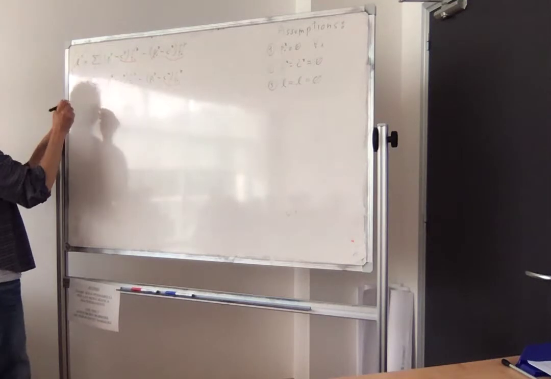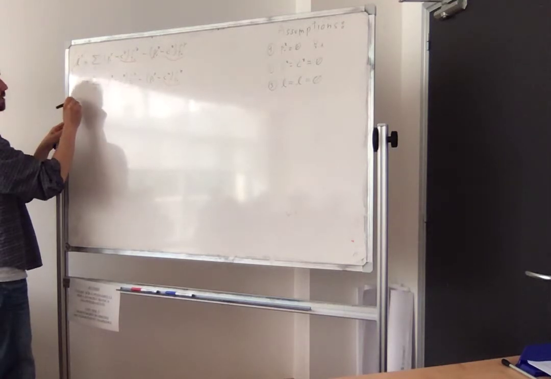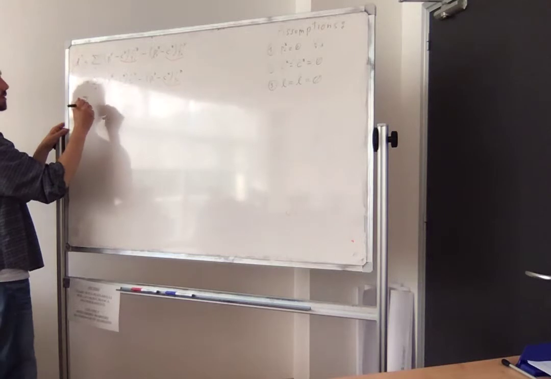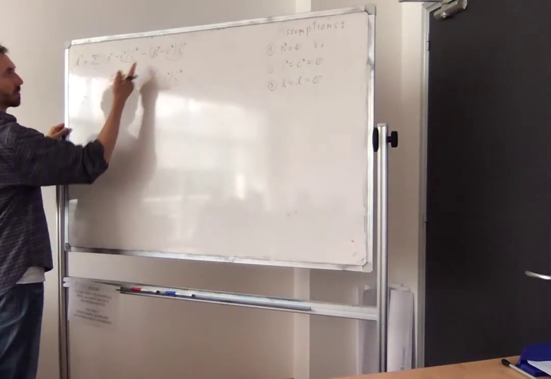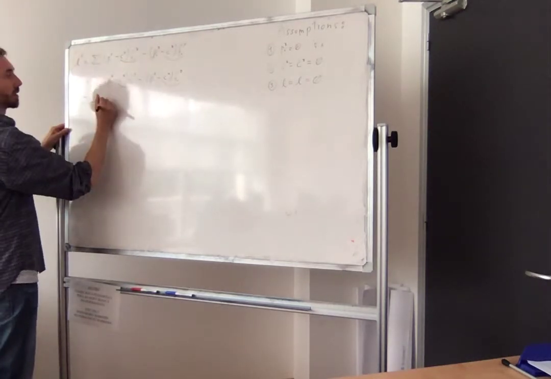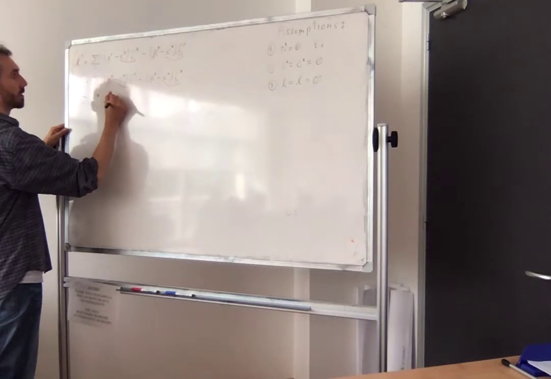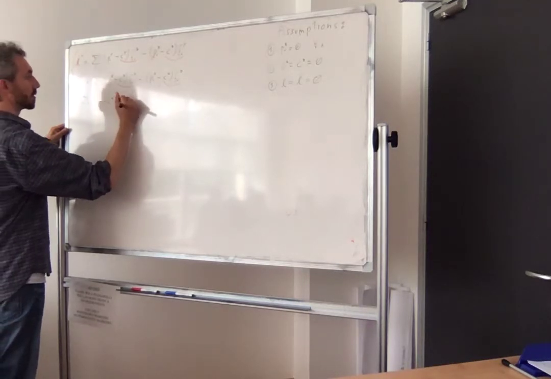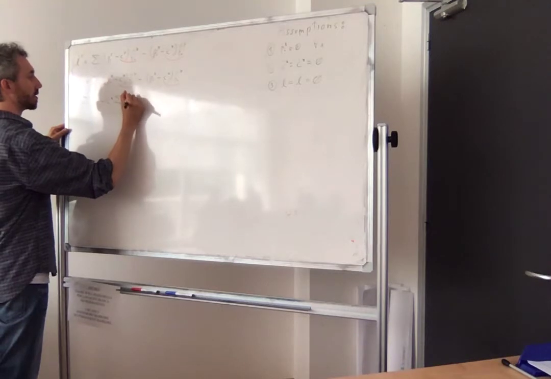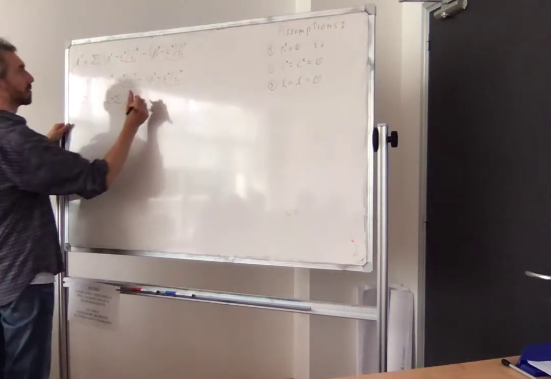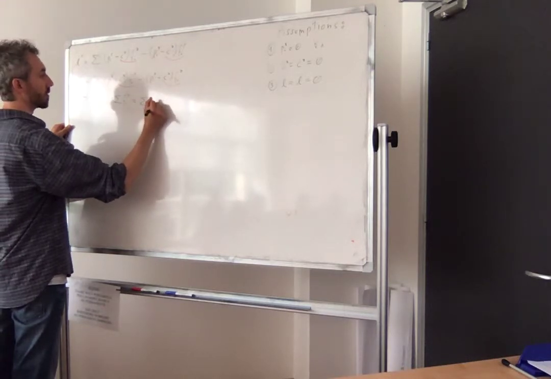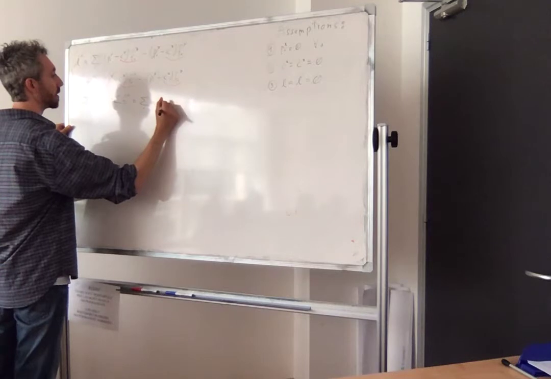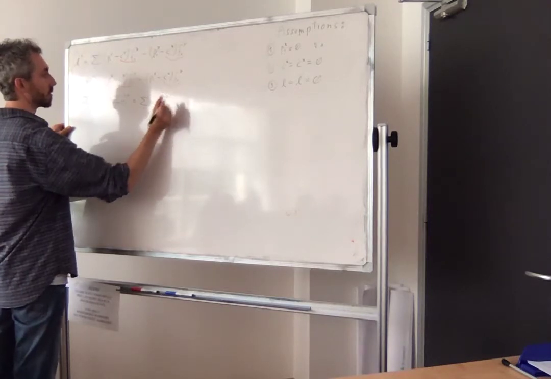So I get here Cy times summation of Fiz, minus Cz summation of Fiy, is equal to summation of Piy Fiz.